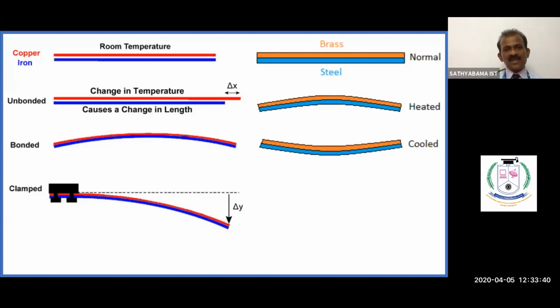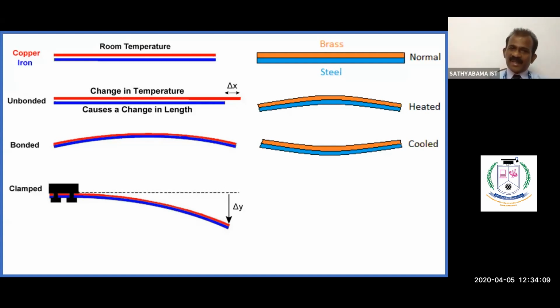During that time, the expansion is not just a change in length, it is a curve. That means thermal expansion leads to bending of the metal strip. If it is clamped at one end, it is nothing but a cantilever. Here also we get a displacement along the y-axis, del y.